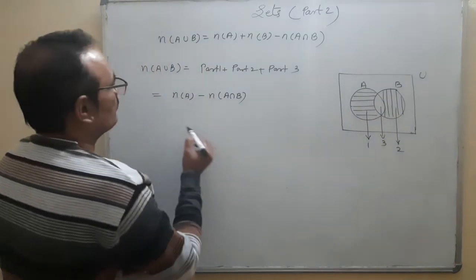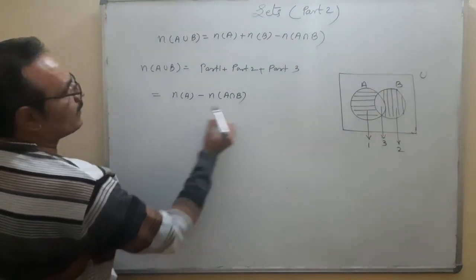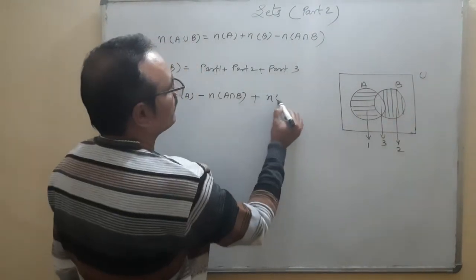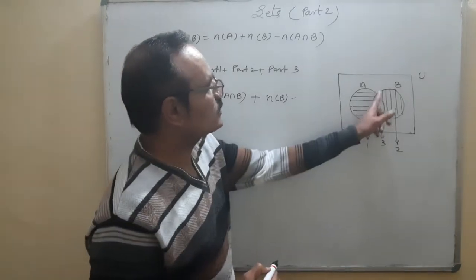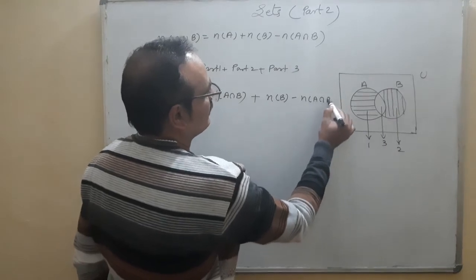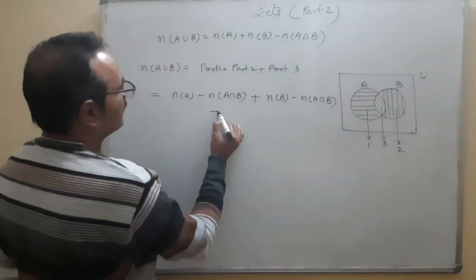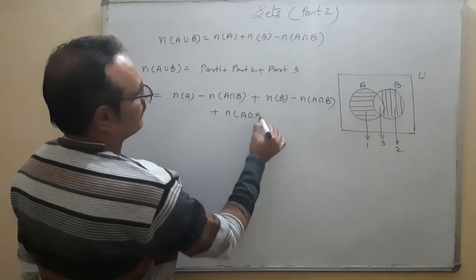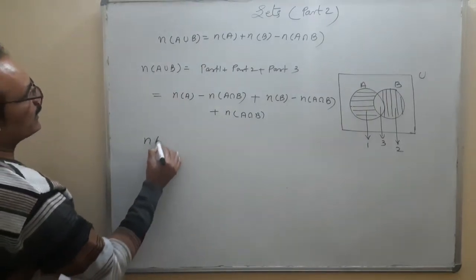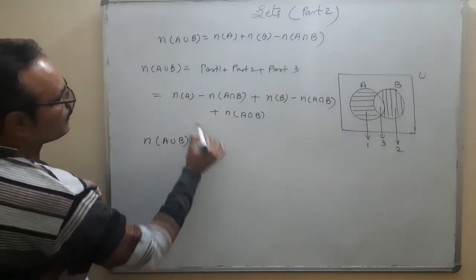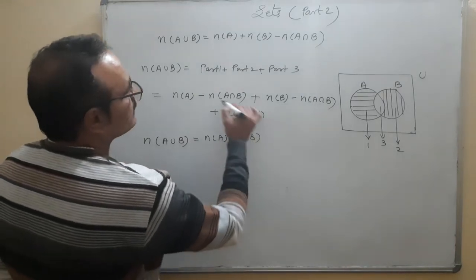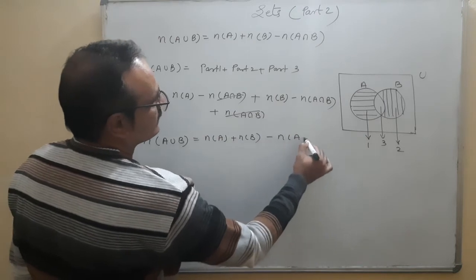Is it okay? Part 2, it is part 1 plus part 2. Part 2 is this n(B). Again, you have to subtract this portion from n(B), this entire part, that is n(A intersection B). Okay, part 2 plus part 3 is n(B). This portion is n(A intersection B). So now, n(A union B) is equal to n(A) plus n(B), 1 is cancelled, minus n(A intersection B).